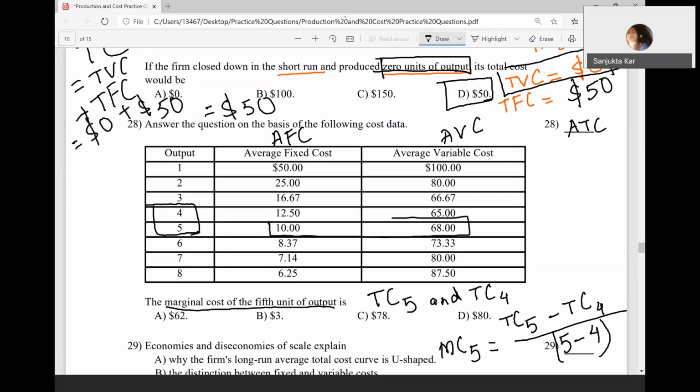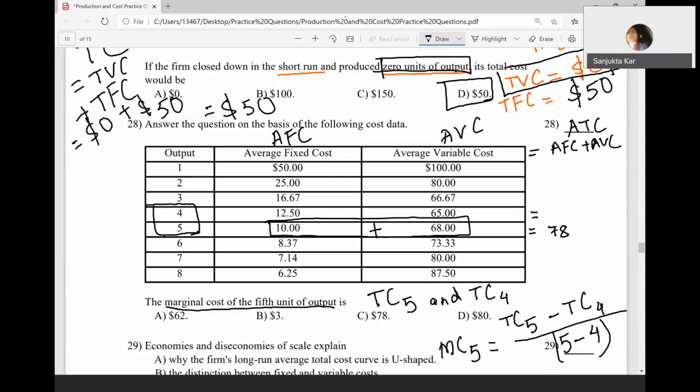Average total cost is equal to average fixed cost plus average variable cost: 10 plus 68. This one is 78. Do not confuse average fixed and fixed. Take a look at the formula really carefully.